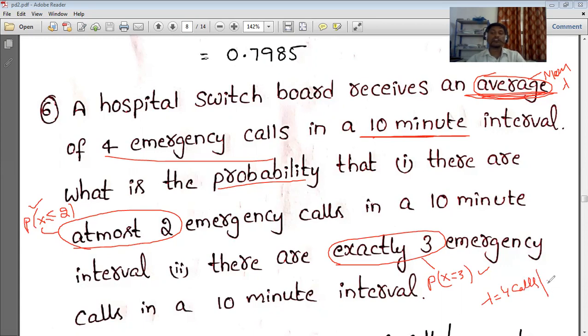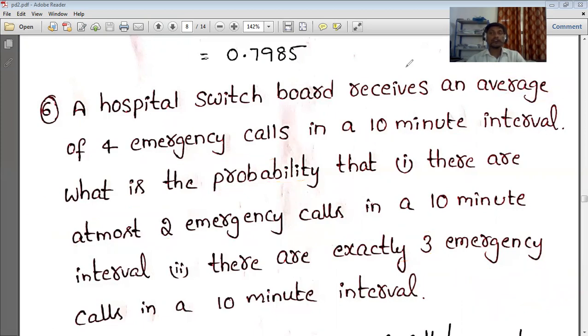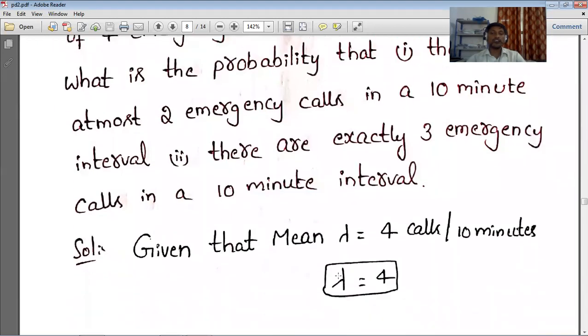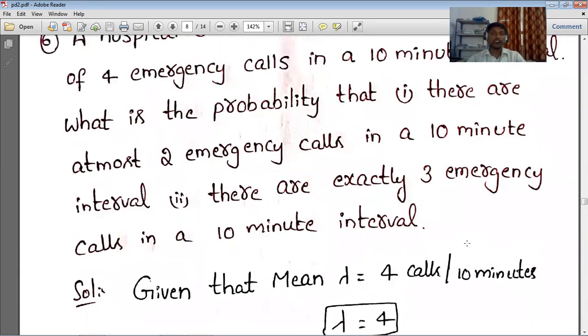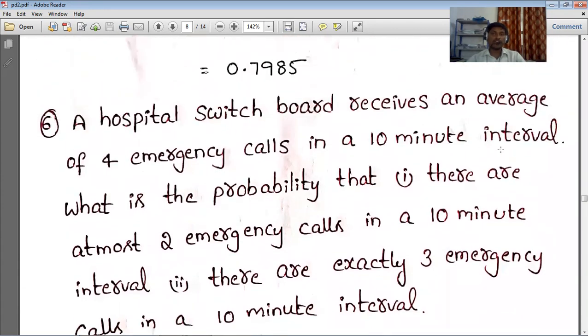So 4 calls per 10 minutes, this is what they gave in the problem. So lambda we know, and simply we can calculate P of x less than or equal to 2 and P of x is equal to 3. Okay, now go to the solution. Here first it is given that mean lambda is equal to 4 calls per 10 minutes. This one they already gave, on an average.